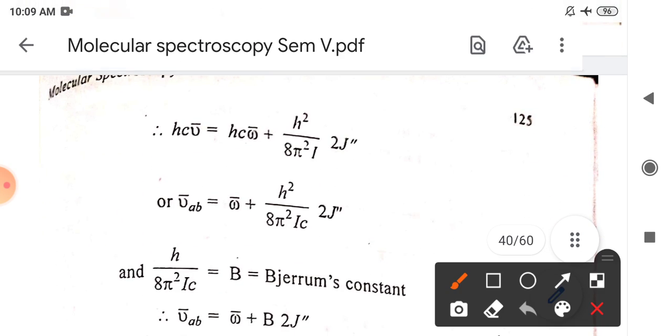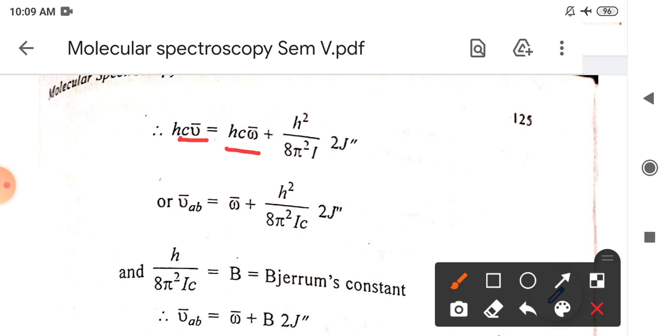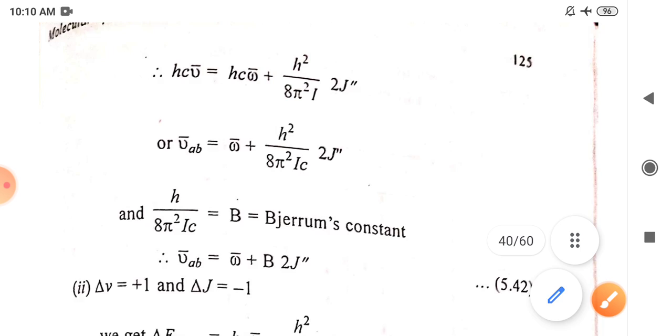This hcν̄ equals hcω̄ plus h²/(8π²I) into 2J'', or ν̄ equals ω̄ plus h/(8π²Ic) into 2J''. Not h squared, here h will come, because one of the h's gets cancelled.